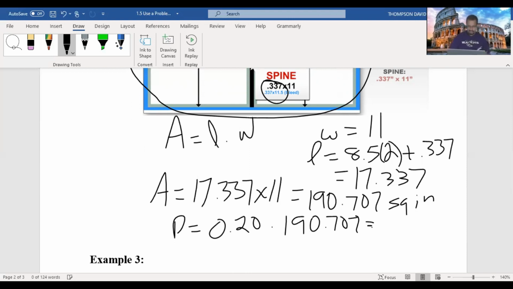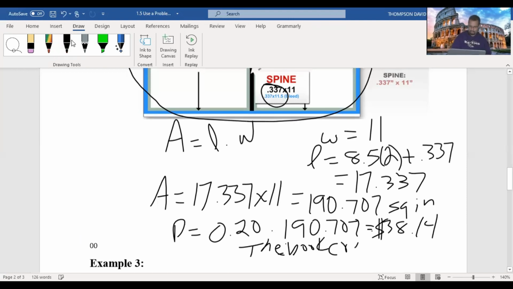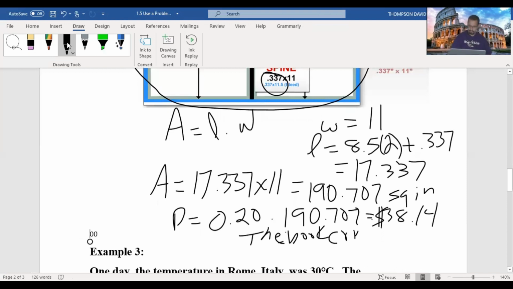And that gives me a total cost of $38.14. So the book cover costs $38.14. And we're done.